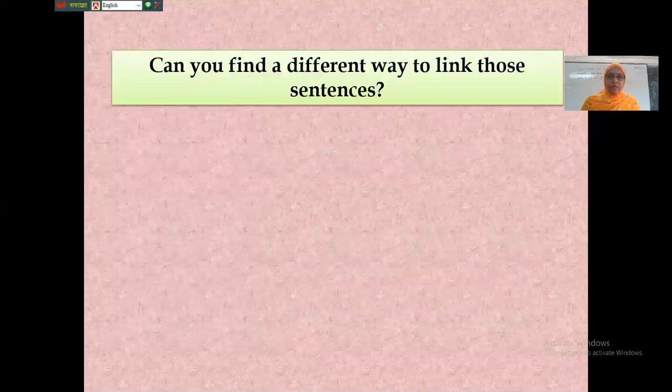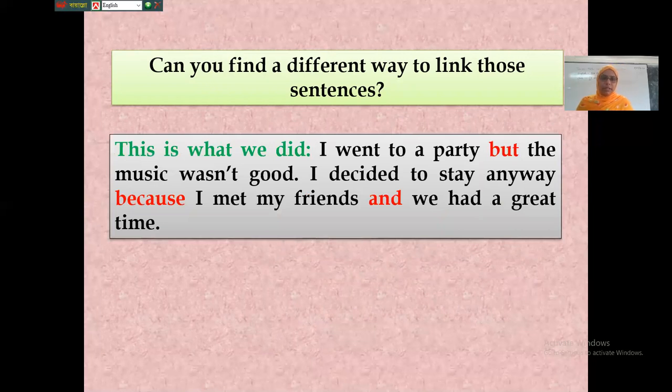Can you find a different way to link those sentences? This is what we did.